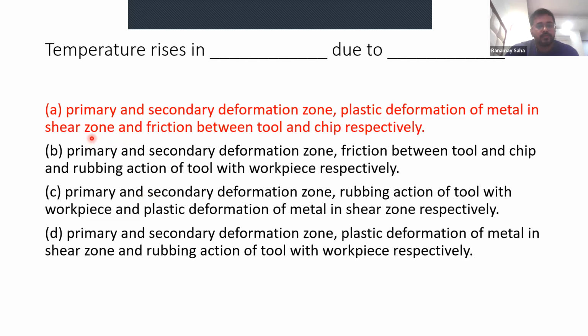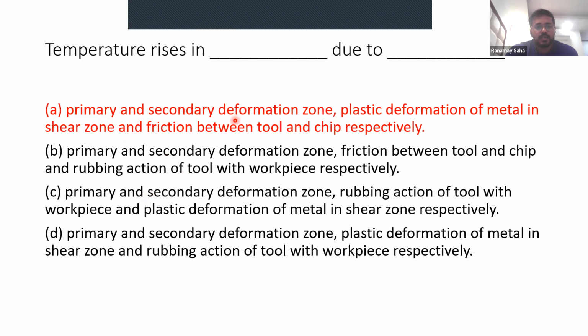So from the given options, you can see that primary and secondary deformation zone. Okay, the first option says temperature rises in the primary and secondary deformation zone, and due to plastic deformation of metal in the shear zone and the friction between tool and chip respectively, right?